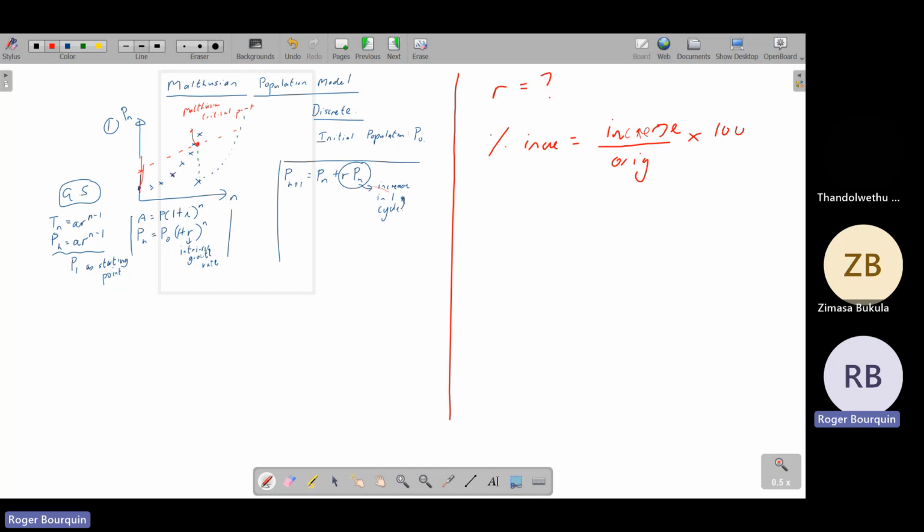So in population parameters, R is going to be equal to the increase in population over the original population. It's expressed as a percentage, which often expresses the decimal, times by 100.